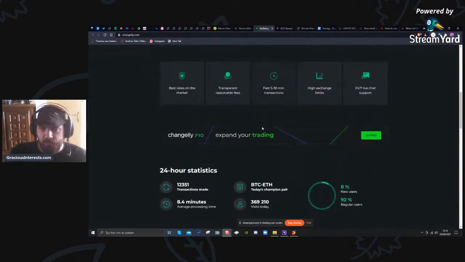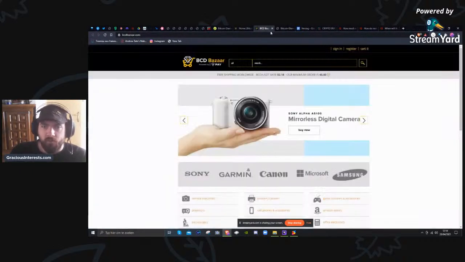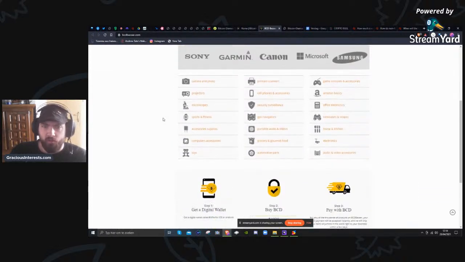Bitwit. Binance is their main trader, but they are referring somewhere else, but you never know, perhaps it needs an update. BCD Bazaar, so they have a digital shop where you can buy hardware, it seems: microscopes, projectors, portable audio and video.